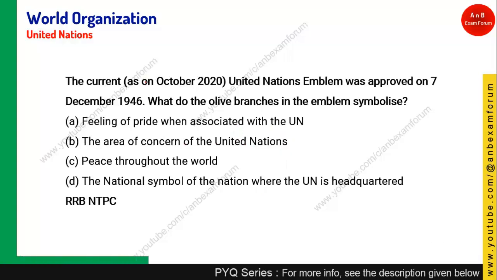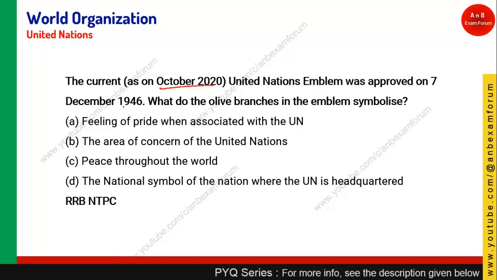Let's see the next question. At the time this question was asked, it was October 2020. The United Nations emblem was approved on 7 December 1946. What do the olive branches symbolize? We have seen that olive branches are in the emblem.